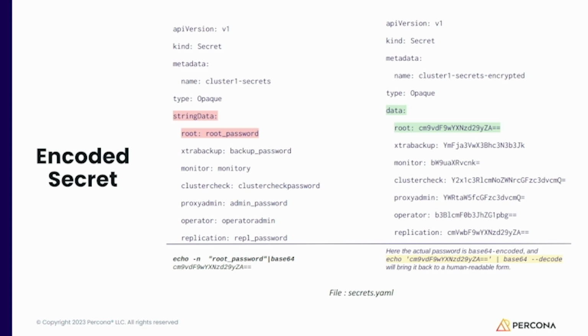Both passwords, once deployed, will be the same. So for root, the root password will be root_password. But the difference is that on the right, the data is base64 coded. This doesn't mean that the data is encrypted. It is just coded, so hidden in plain sight.